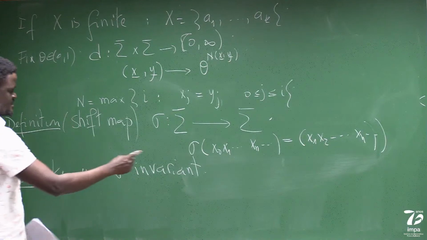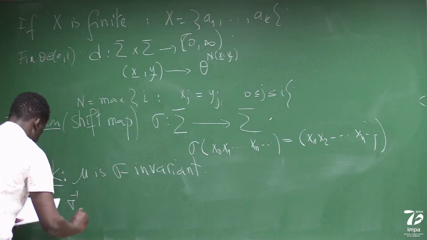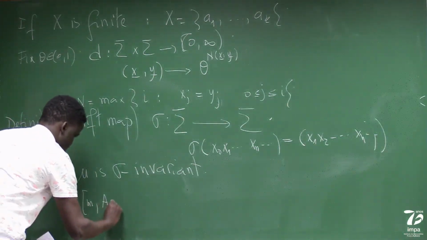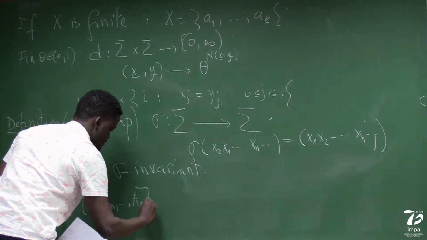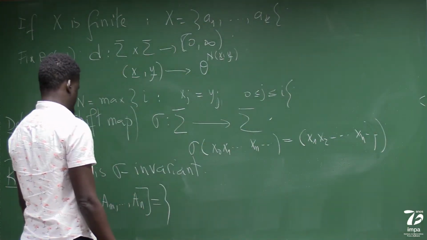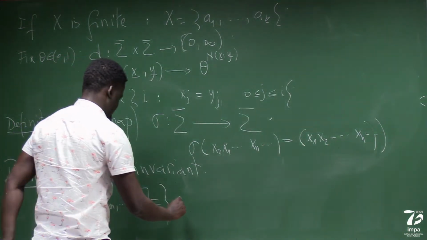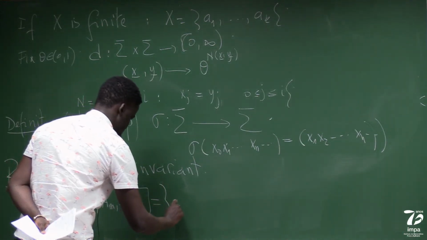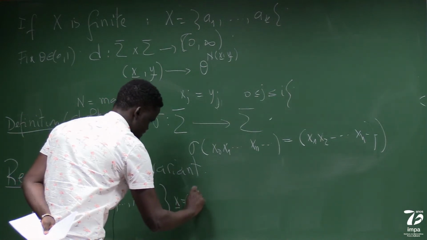The way to see this is to look at what sigma inverse of a cylinder like this is. What is this? This is the set of x that is xj, just that.